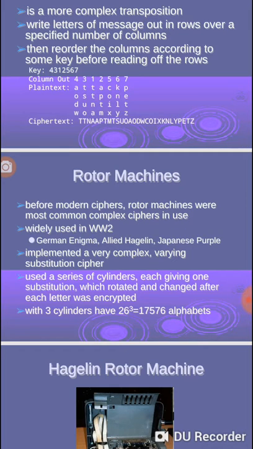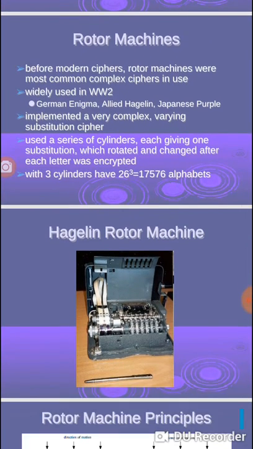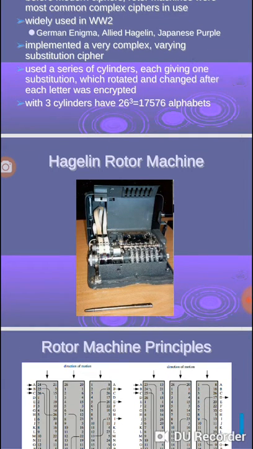They implemented a very complex varying substitution cipher using a series of cylinders, each giving one substitution, which rotated and changed after each letter was encrypted. With 3 cylinders we have 26 raised to 3 equals 17576 alphabets. This is the image of the Hagelin rotor machine.